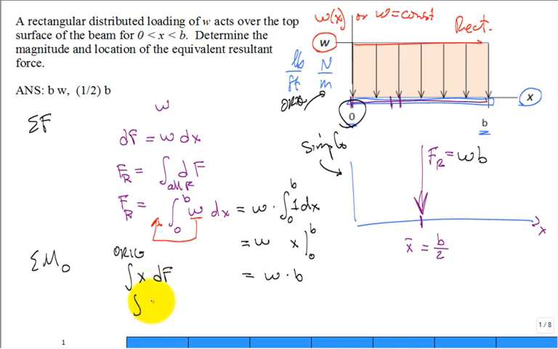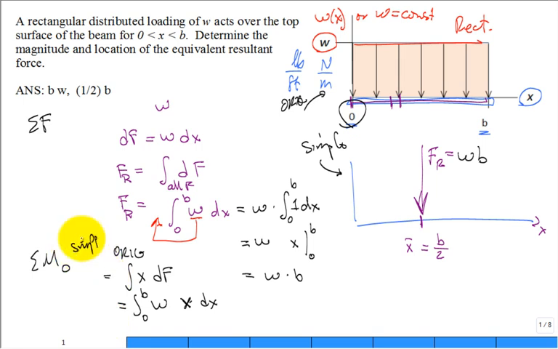That's equal to W times dx. Might as well put the x right there. It really doesn't matter which place you put it. And then we integrate from 0 to b. What does that equation represent again? It represents the moment of that distributed load about the point O. That's what it represents.